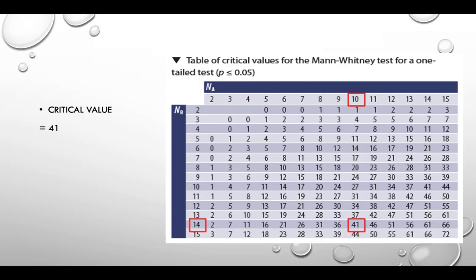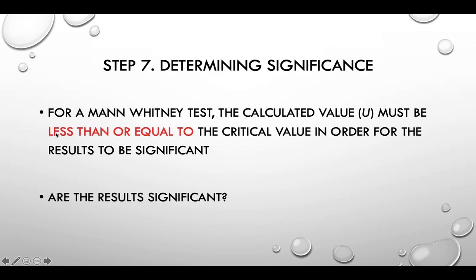Otherwise, if you just had one person, how do you know that wasn't just a fluke or coincidence? So the more people you get with a similar result, the more reliable and the more statistically significant it might appear, which is why with a higher number of participants in each group, you get a higher critical value. So the critical value for this particular one was 41.